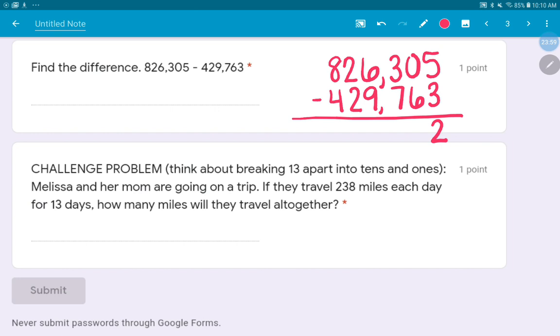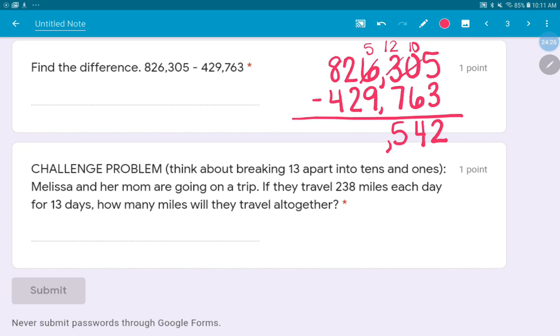If I go over to my 10s, I can't do 0 minus 6. So I'm going to have to borrow. I'm going to make that 3 a 2. And that 0 a 10. 10 minus 6 is 4. If I come over to my hundreds, I can't do 2 minus 7. So I'm going to make my 6 into a 5. My 2 will become 12. 12 minus 7 is 5.